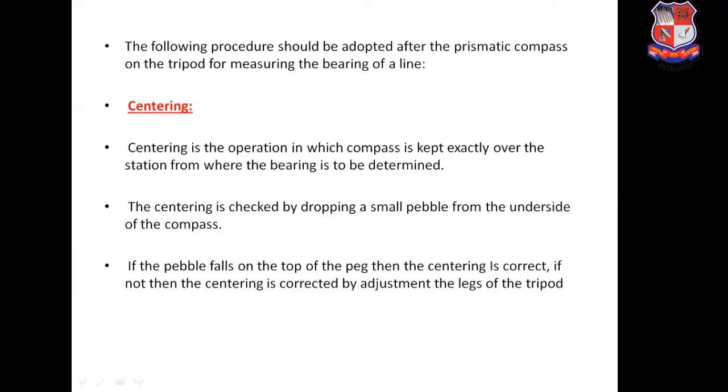If the pebble is not falling on the ground station marked by the peg, then the centering is corrected by adjusting the legs of the tripod stand. The same process is repeated until the pebble falls on the center of the peg. That means our centering process is over.